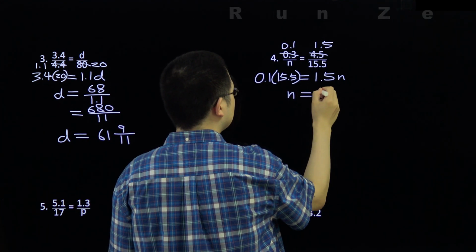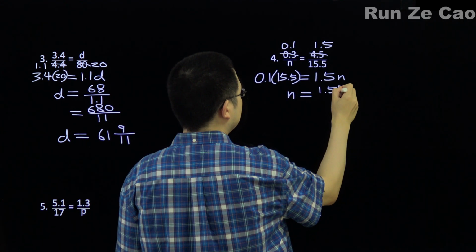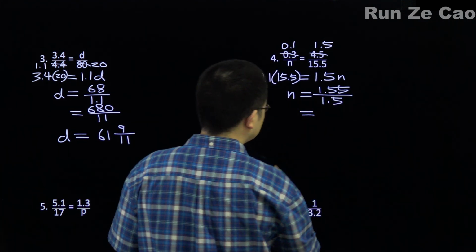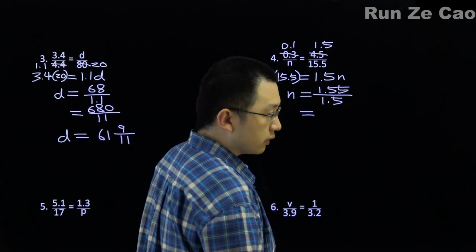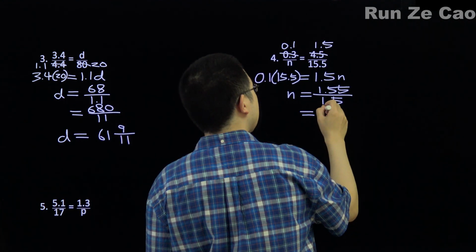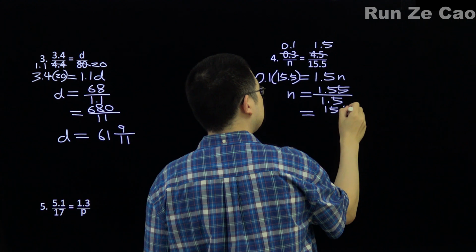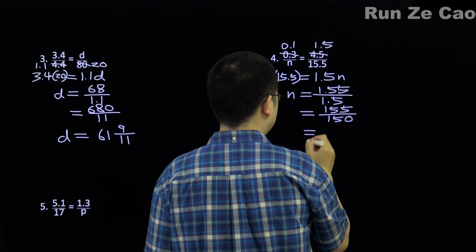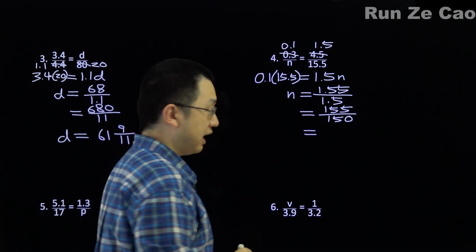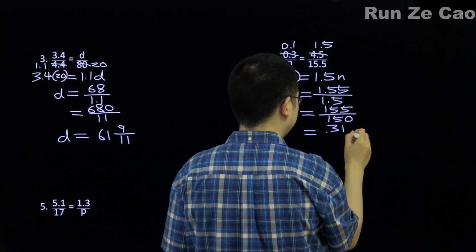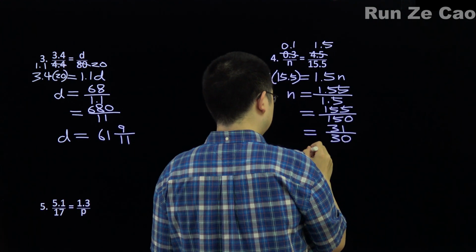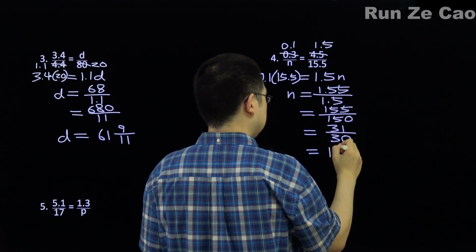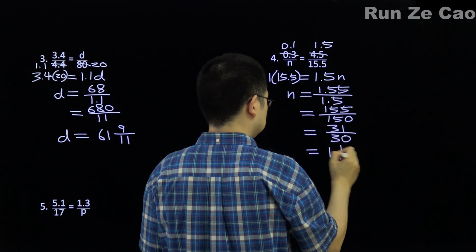So n is equal to 1.55 over 1.5. Which leaves us with 155 over 150. We divide both top and bottom by 5, and we end up with 31 over 30. And this will be 1 and 1 over 30.